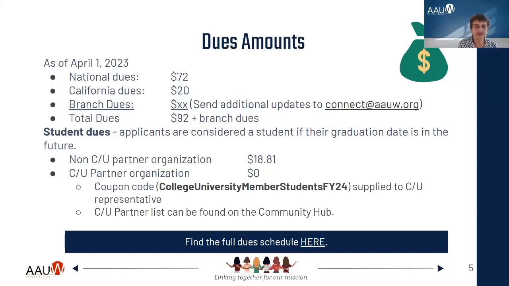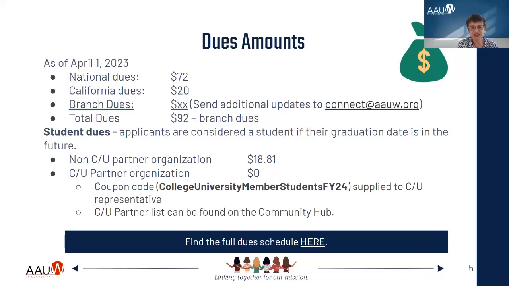The exception is if the student is in a college or university that is a partner organization of AAUW, then there are no national dues and there are no state dues.